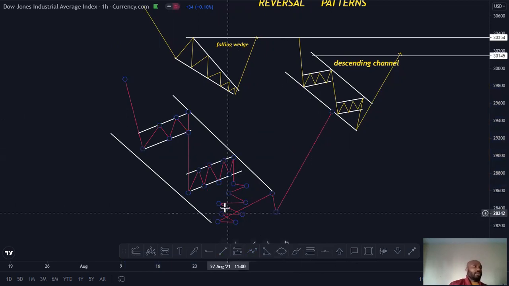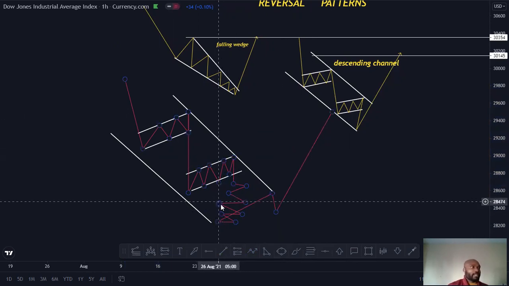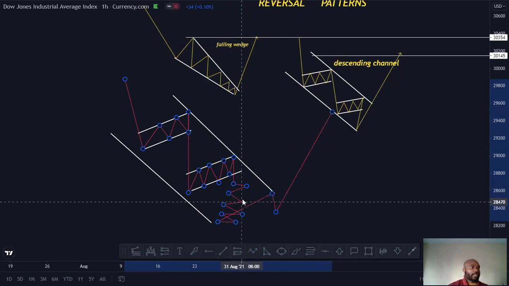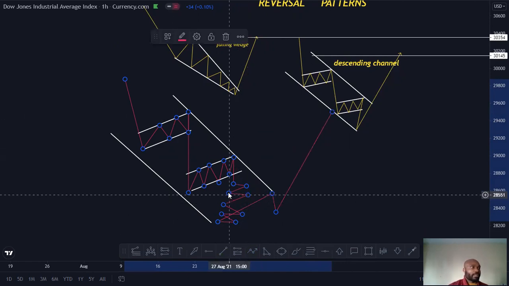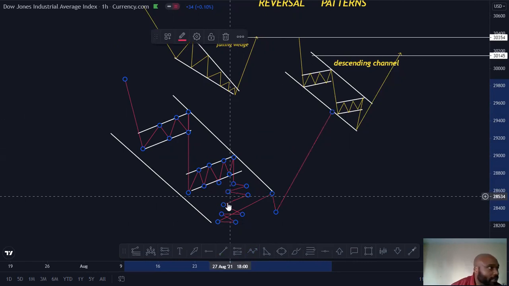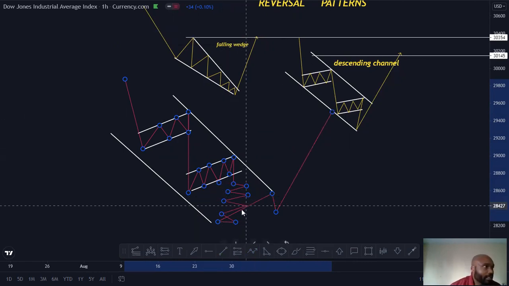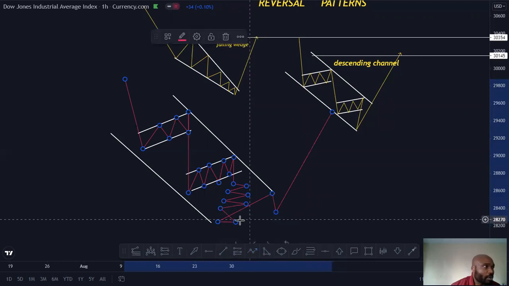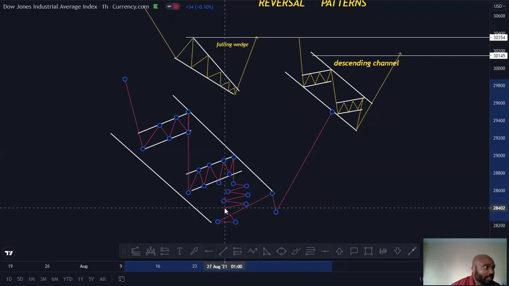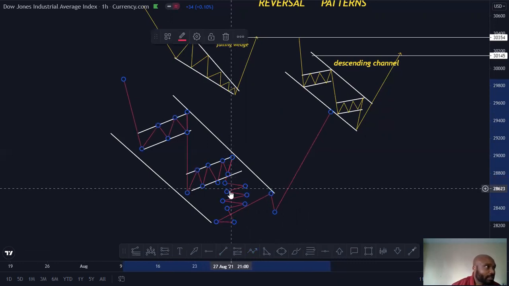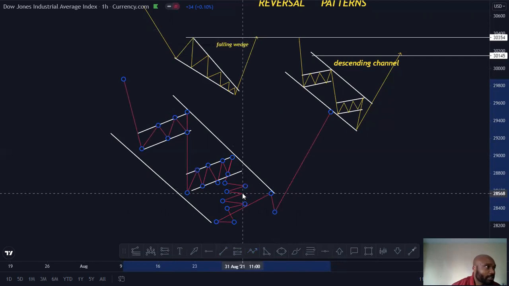Okay, so this makes it easy in the sense that we've already explained most of these things on the rising wedge and the ascending channel. But now this is the opposite of what we were explaining right there. Okay, guys. It just takes a little bit of time to draw these things.